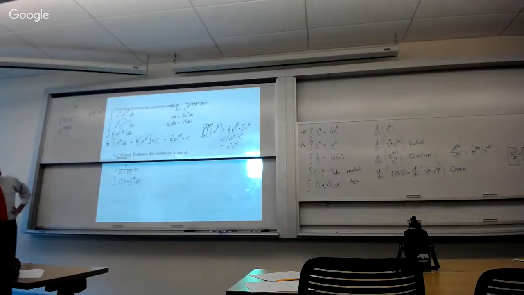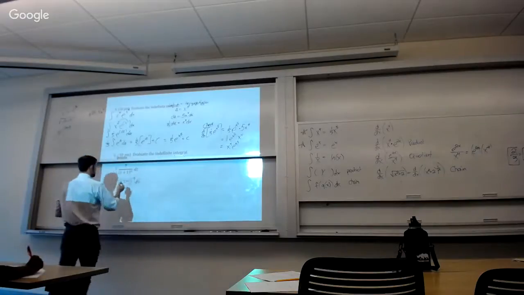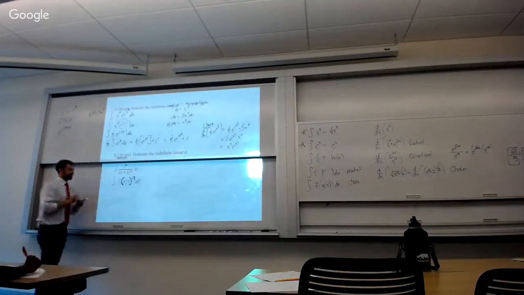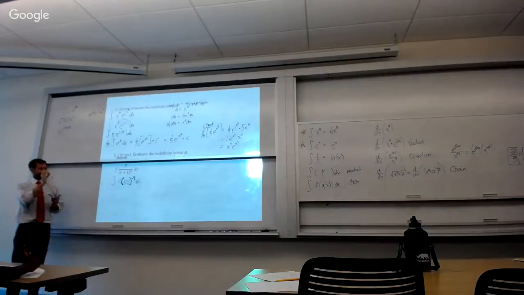Okay. Now, remember, we're sophisticated. And so we're looking at this saying, first of all, do you see an outside function? Yeah, there it is. It's something to the negative 9. And do you see the inside function? Yeah, there it is. It's t plus 1. And is the derivative of the inside function present outside of it?